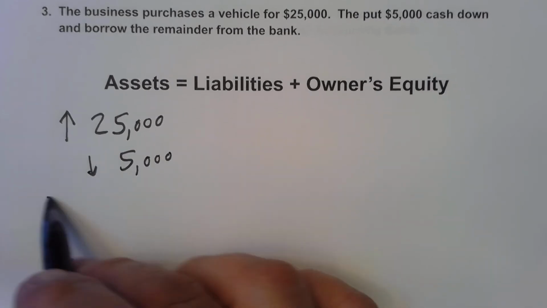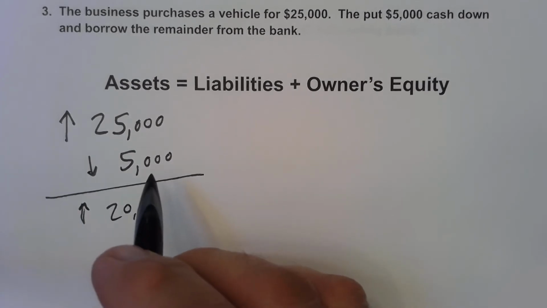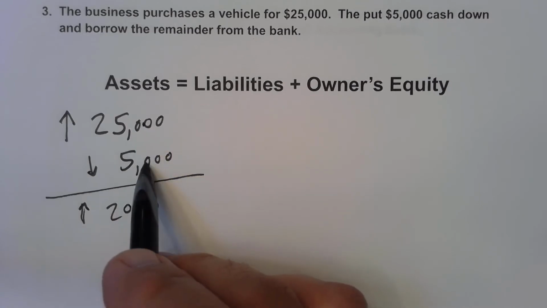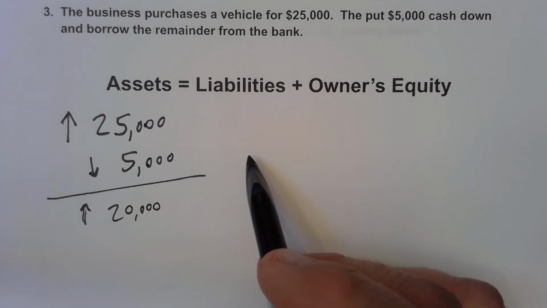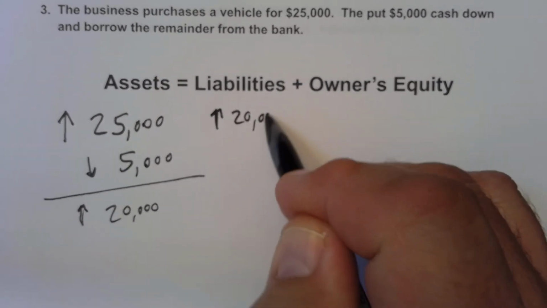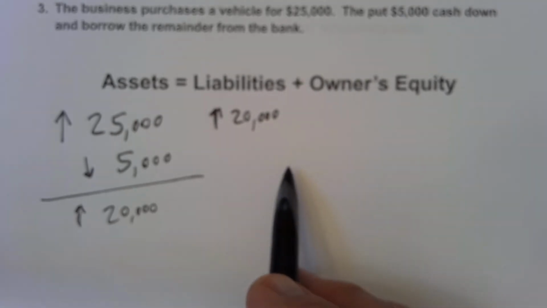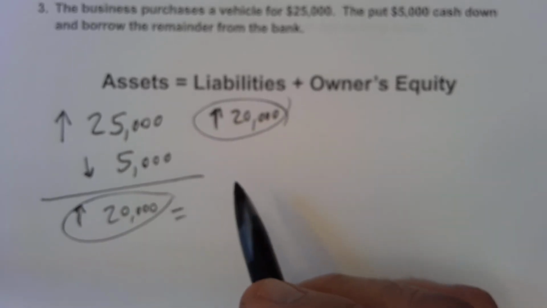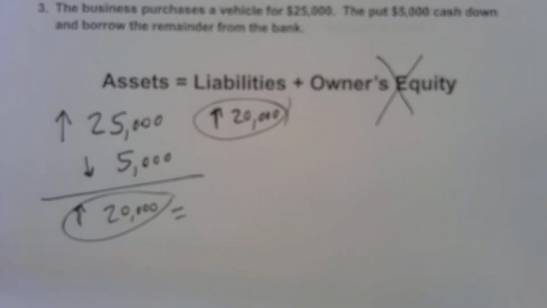So our assets have a net increase of $20,000, the $25,000 increase minus the $5,000 decrease. The company borrowed $20,000 from the bank to make this purchase. So the liabilities increased by $20,000. The assets increased by $20,000 and the liabilities increased by $20,000. So our equation remains in balance and no change to owner's equity is needed.